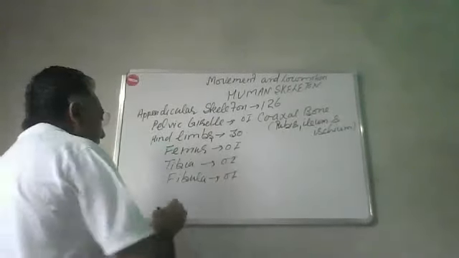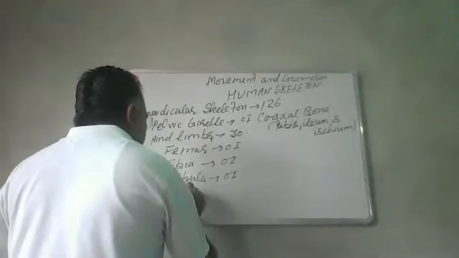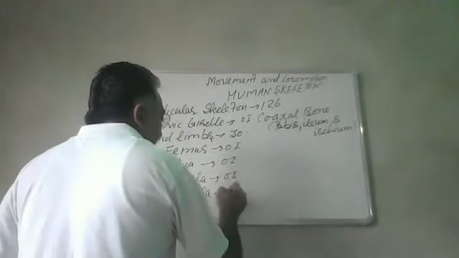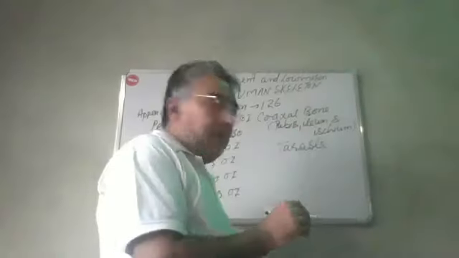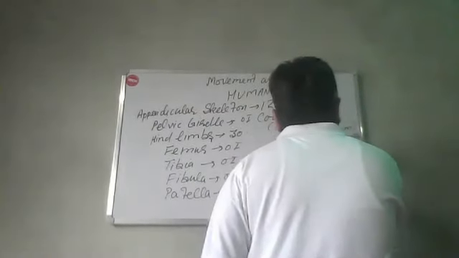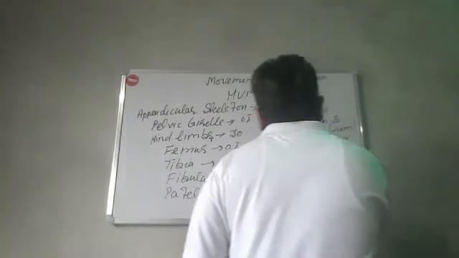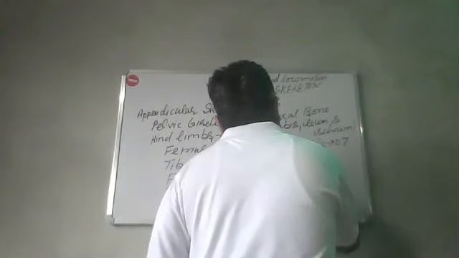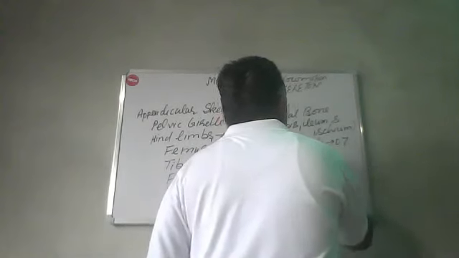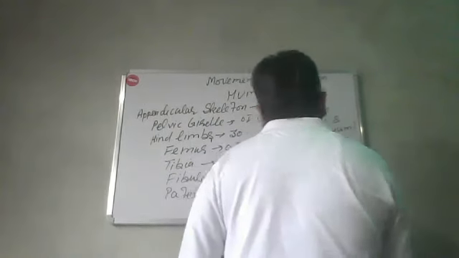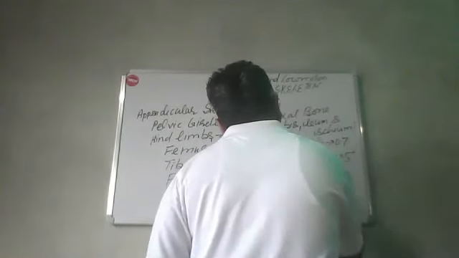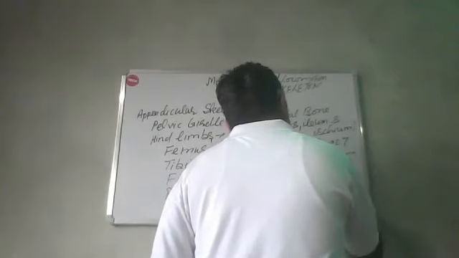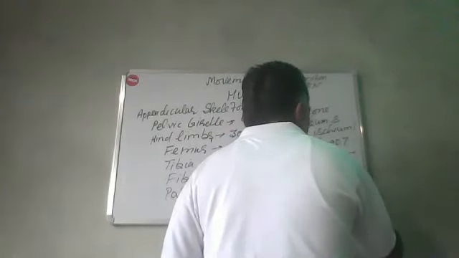Then one is the kneecap, that is the patella bone, also one. And after that, the tarsals are 7 bones, and metatarsals 5, and then phalanges 14.